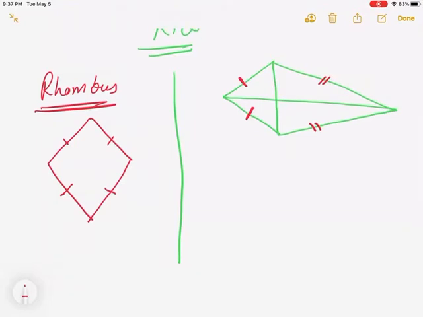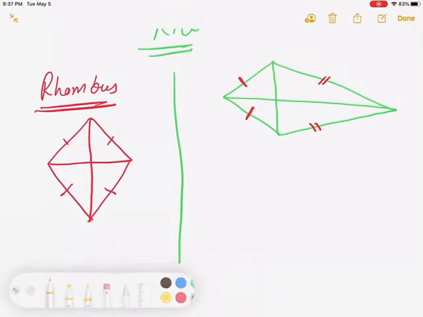One more difference. When it's a rhombus, both diagonals get intersected in two halves. So this side would be equal to this, and this side would be equal to that.